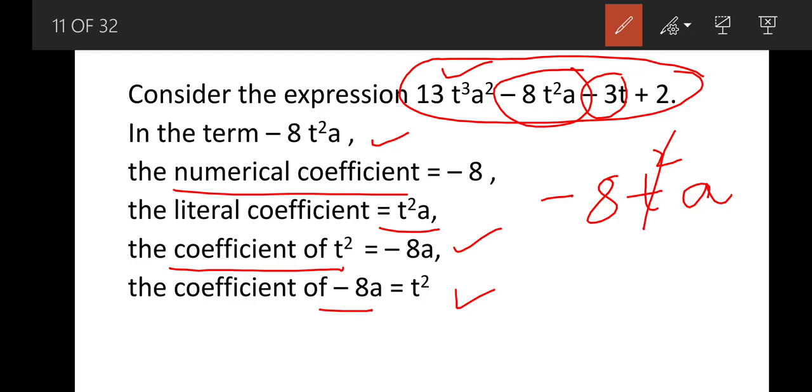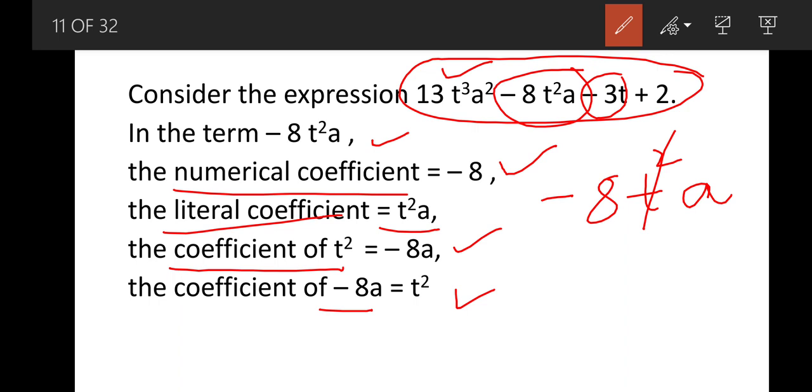So, I am repeating it. For example, in this expression, I have taken this term, that is minus 8t square a. The numerical coefficient of this term is minus 8. The literal coefficient is t square a. Every time you are supposed to take the minus sign with the numerical coefficient. So it will be minus 8, the numerical coefficient.